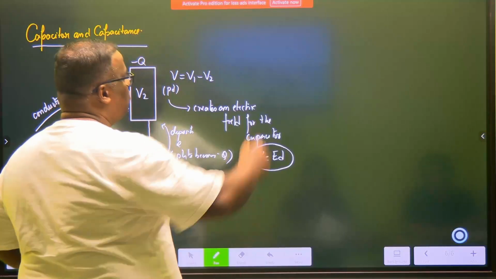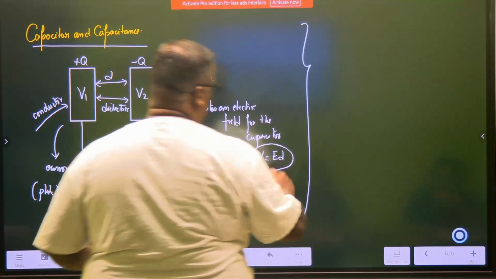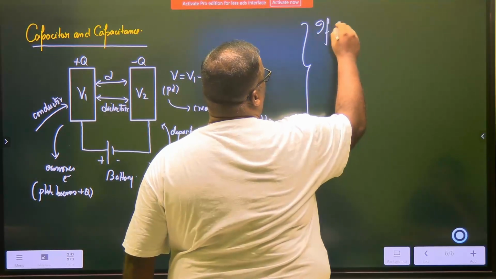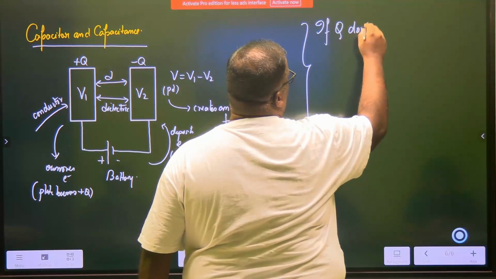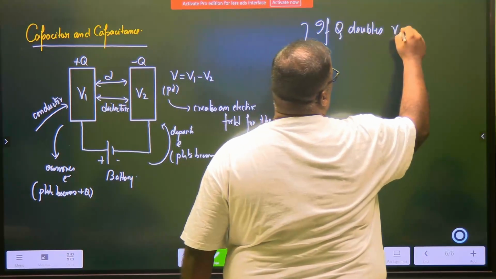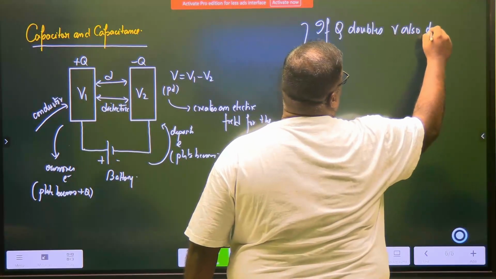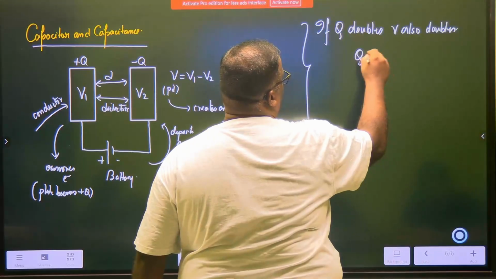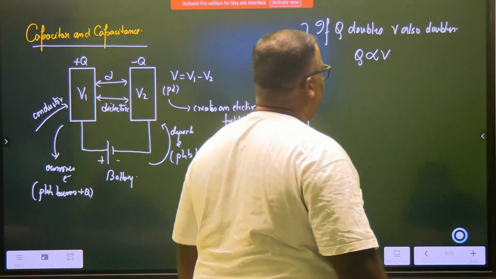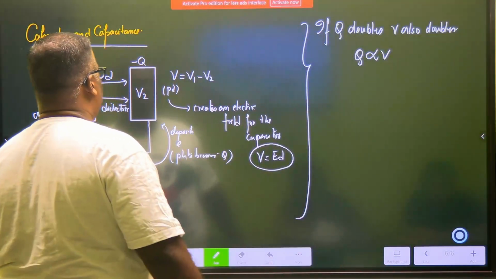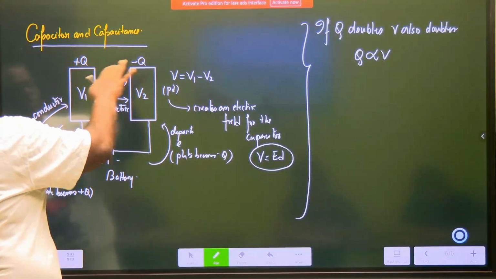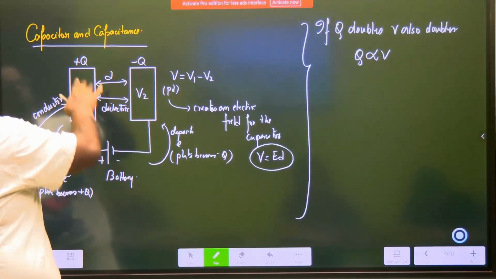Done? Now some findings. If Q doubles, V also doubles. These are lab findings. That means Q is directly proportional to V. If charge doubles, children, what I'm saying is, this was 5 coulomb, minus 5 coulomb, make it 10 coulomb, 10 coulomb.